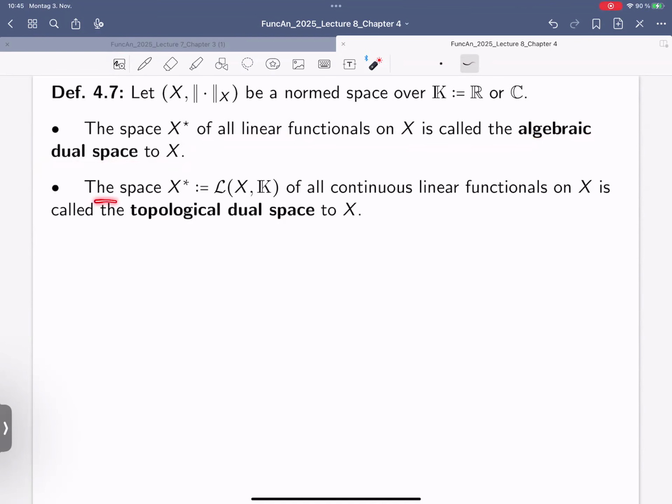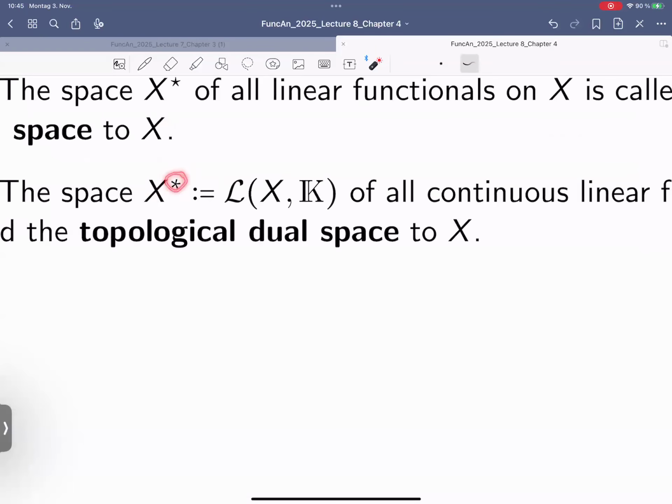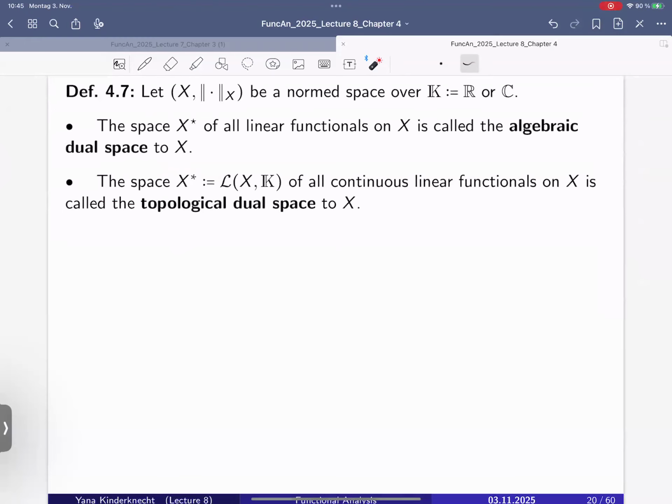And now the space X star with the snowflake.